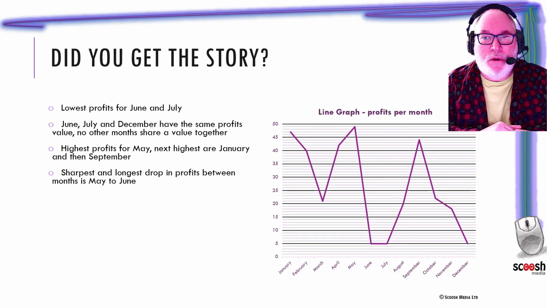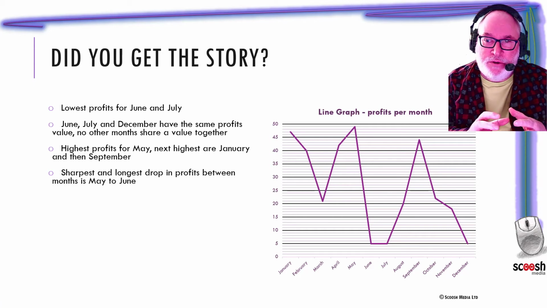Why did it go tumbling down so fast from May down to June and then stay that way through June and July? And then it started to increase, quite nicely during August, and then another increase in September. So we've got to ask the reasons why within an organisation.